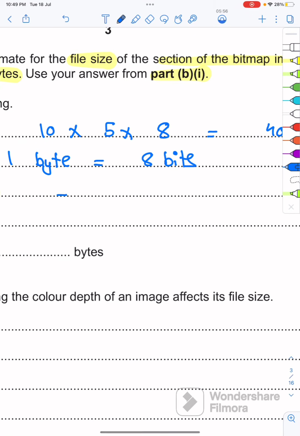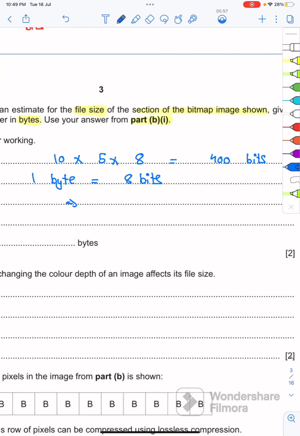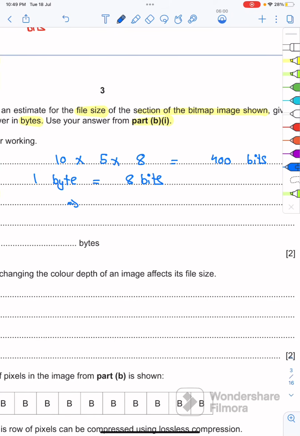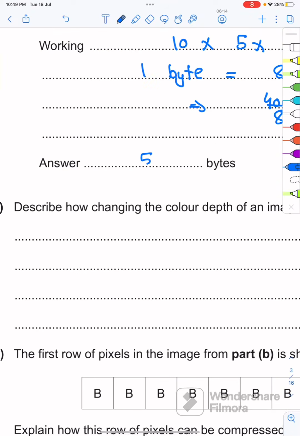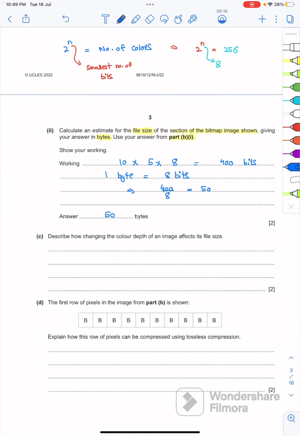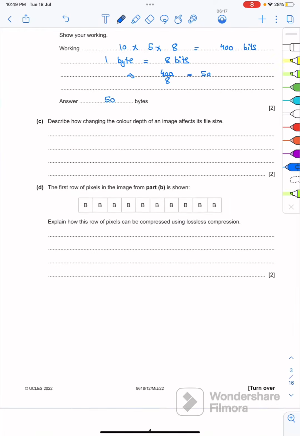So now, just taking it step by step, obviously if you know the idea you can cancel the 8 out here as well, but it's important that you understand the whole process behind it. So you'll divide 400 by 8 and you'll get your answer, which is 50. So this is 50 bytes. So that is the storage size, the file size for the bitmap image they've given in the earlier part.